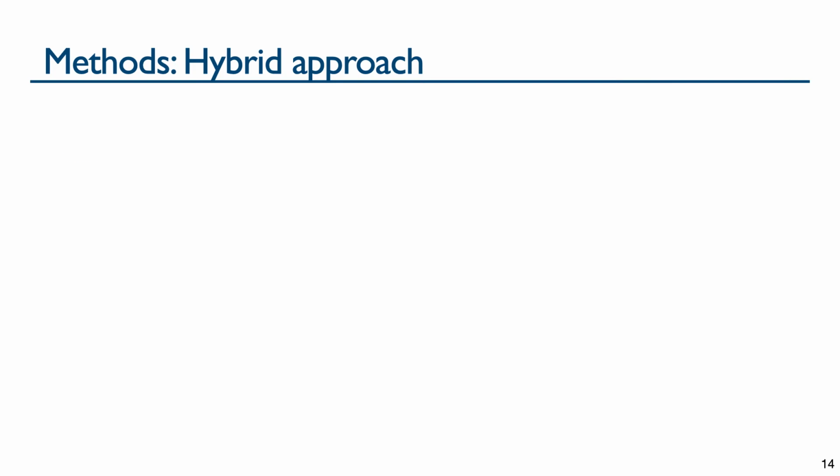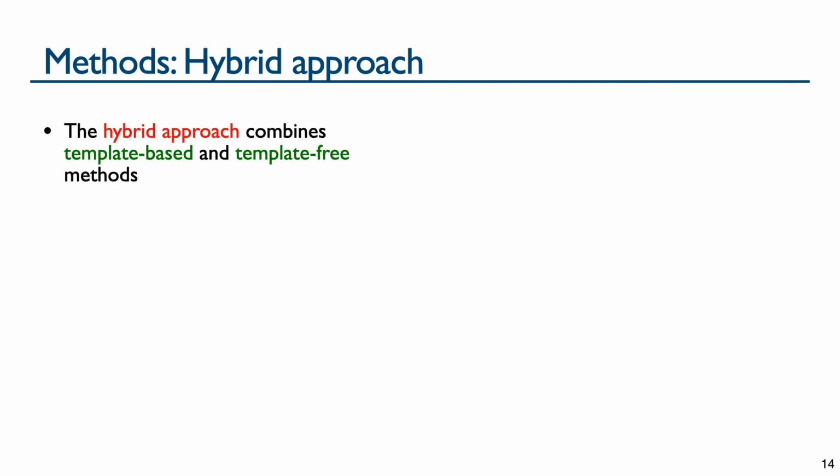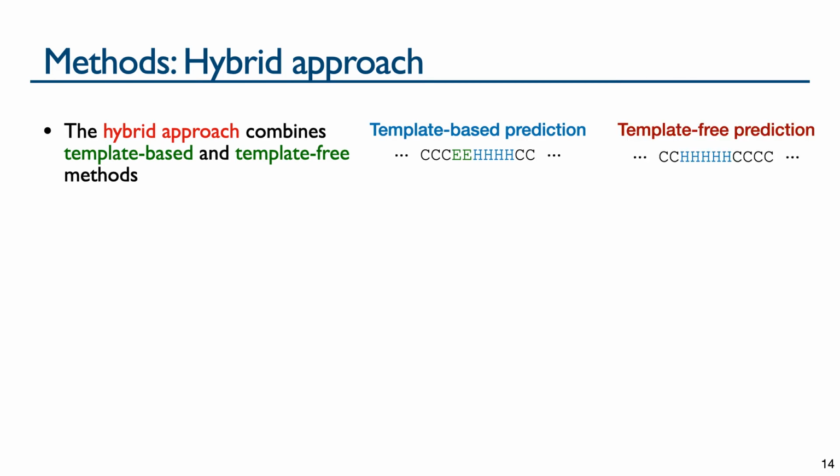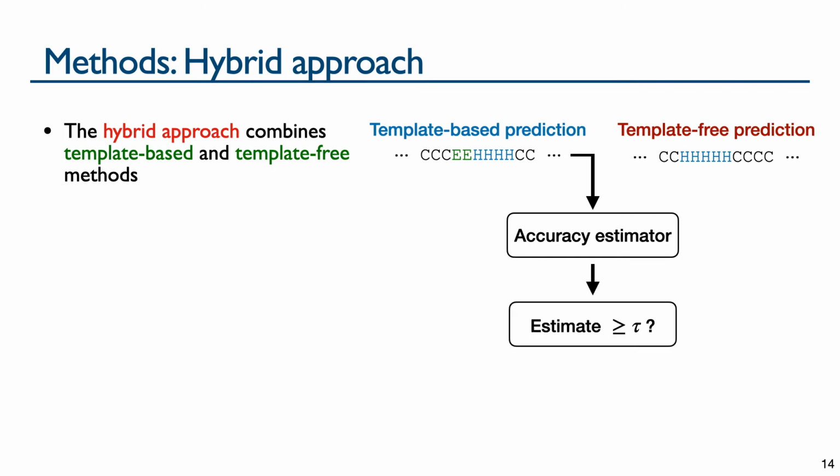This hybrid approach combines Nnessy, a template-based method, with a template-free method. Given Nnessy's template-based prediction and the prediction of a template-free method, we estimate the accuracy of Nnessy's template-based prediction. Using the threshold shown previously, if the estimated accuracy is above the threshold, the hybrid outputs Nnessy's prediction.